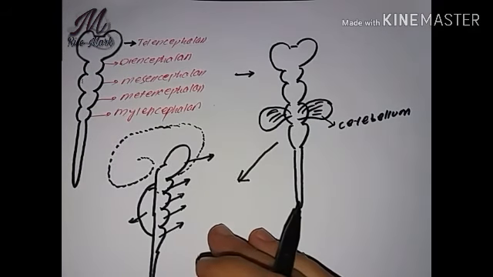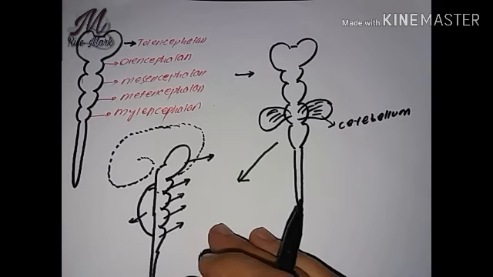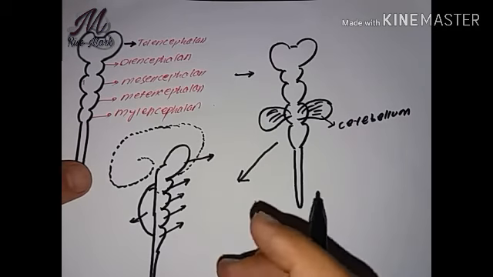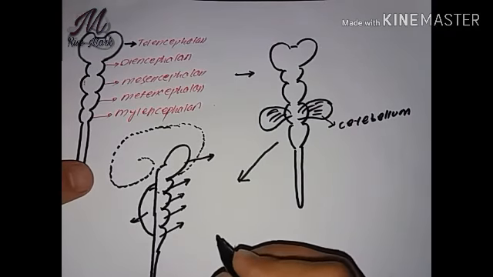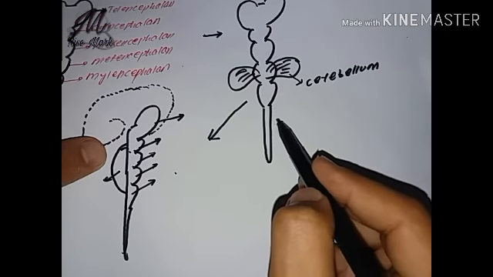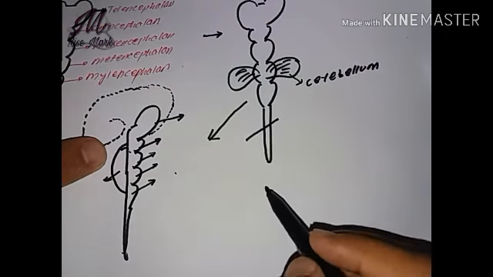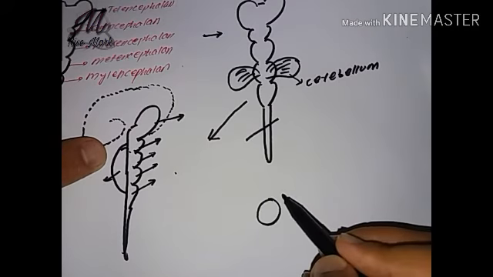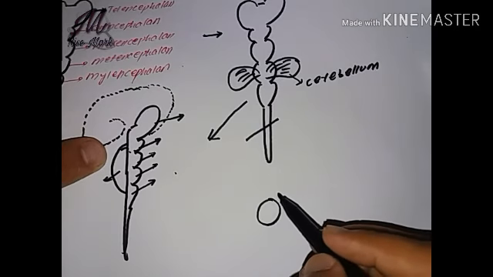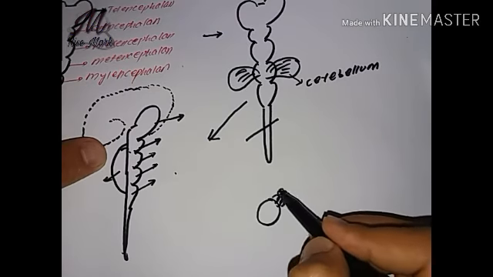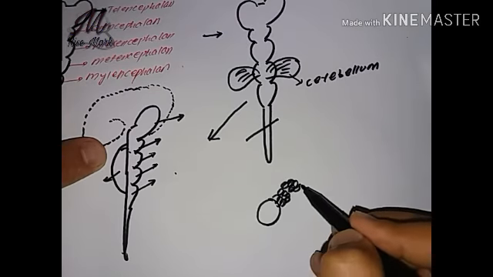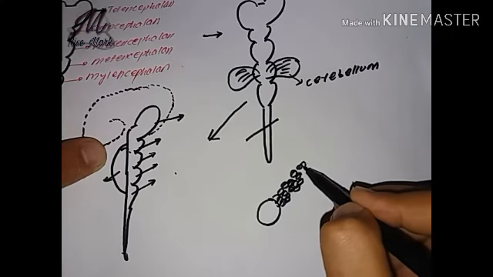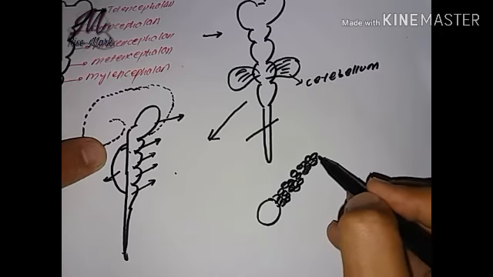So that was all about the formation of the central nervous system. Now we will discuss the formation of the spinal cord. If we take a section from this part of the spinal cord, you will see something like this. This is the central canal, and around it are the neuroepithelial cells. These cells will start growing posterolaterally and make the alar plate.